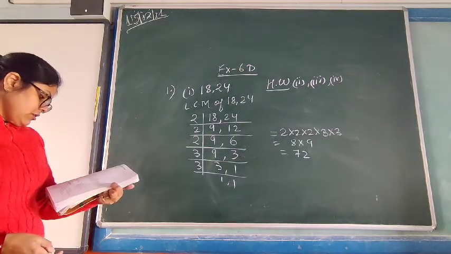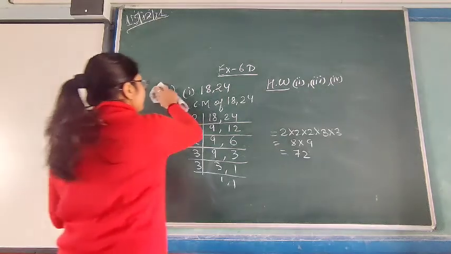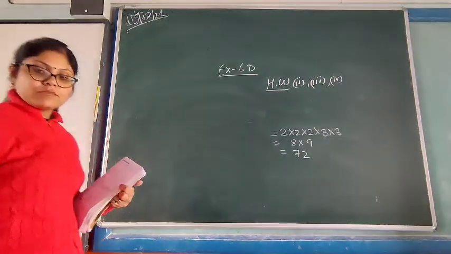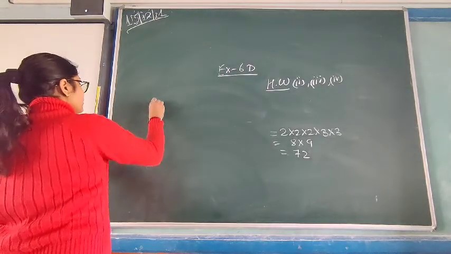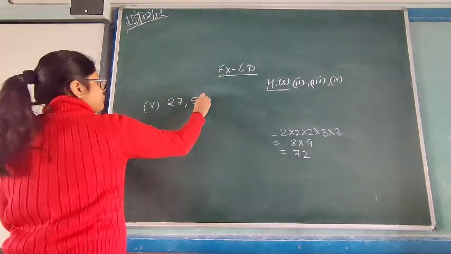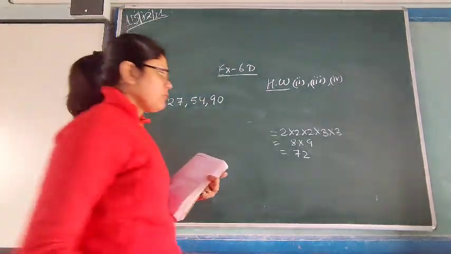Now come to the fifth one. Fifth is 27, 54 and 90. You have to find the LCM of these numbers.